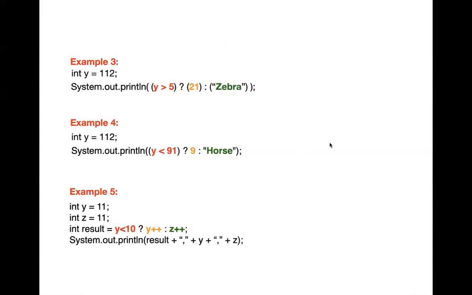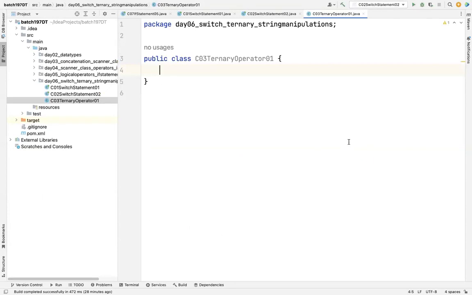Okay. Let's go back to our dear IntelliJ to write codes about this. If we write codes on IntelliJ, I think we will understand this even better. Those who like the structure, can you raise hands? Maybe thumbs up.